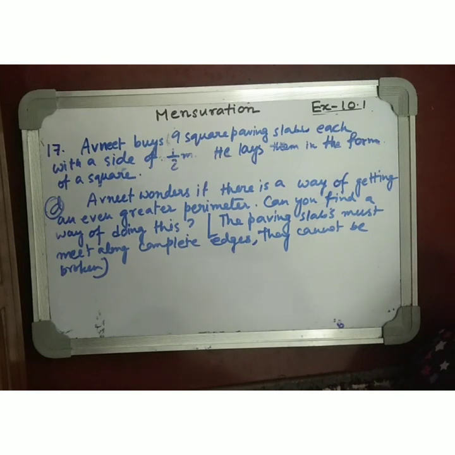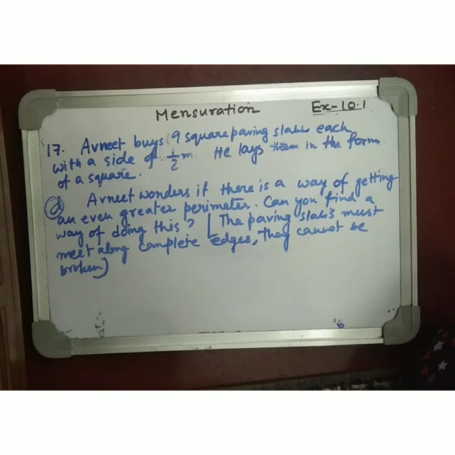It means whatever Avneet has made was the smaller perimeter, because the perimeter of the square which he made was 6 meter and the figure Shari has made was 10 meter. So definitely Avneet's figure was smaller in perimeter. So he is finding if there is a way of getting an even greater perimeter.